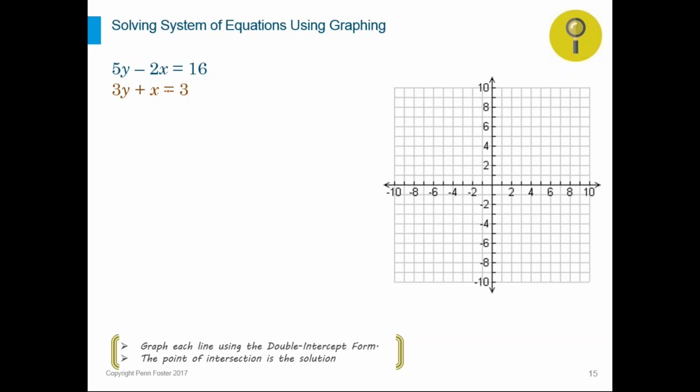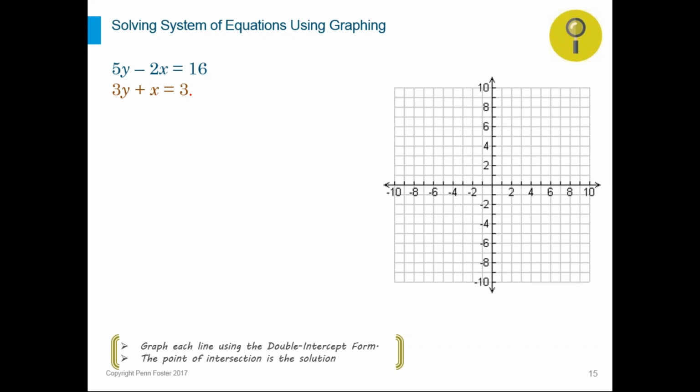With graphing, our solution would be a point, the point of intersection between the line 5y minus 2x equals 16 and the line 3y plus x equals 3. I'm going to show you the graphing method, and then the algebraic method, and then we can compare our answers. They should give us the same answer.